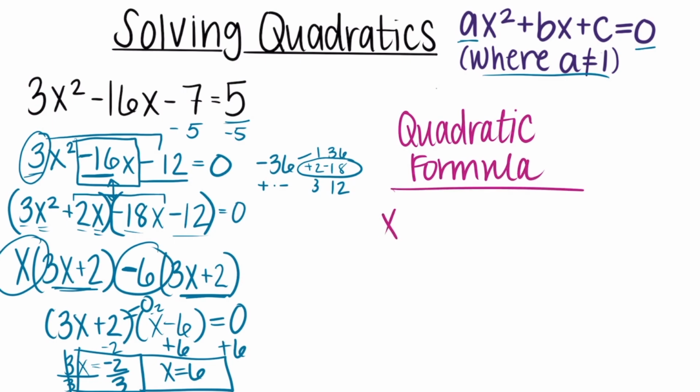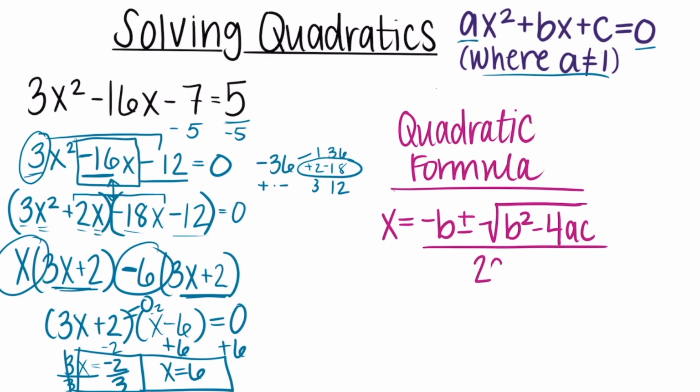So this is a formula to find our 2 solutions, which we would just plug in -b plus or minus, that's how you end up getting your 2 solutions, square root of b squared minus 4ac, and then the whole thing divided by 2 times your a. So remember, your a is the number in front of your x squared. So like in this example here, 3 would be our a, and so anywhere in that equation we had a, we would replace it with a 3.